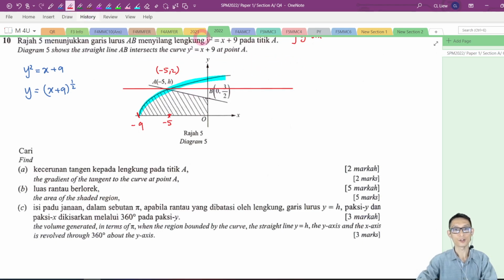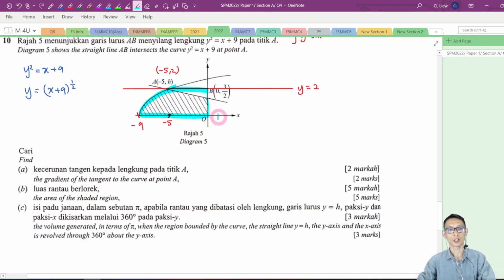Okay, so this is y equal to 2. And the y-axis and also the x-axis. This is y-axis, this is x-axis. It means that, in other words, we want to find here. Okay, the volume generated when this region is revolved through 360 degrees about the y-axis.